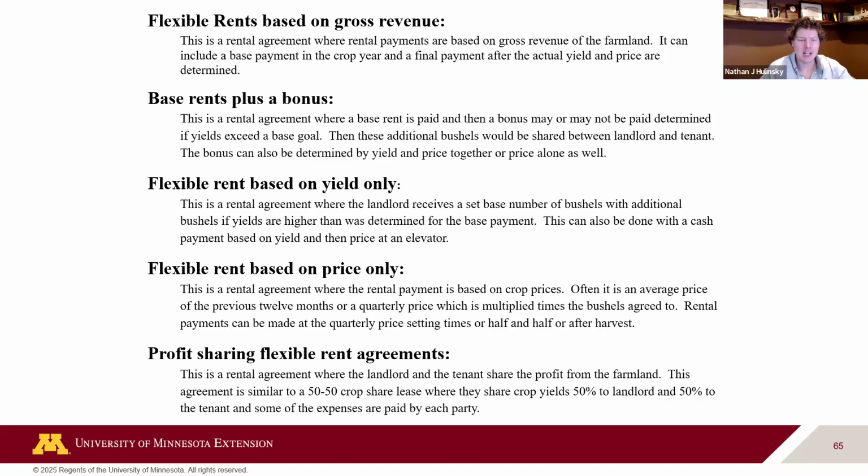The idea behind a flexible lease is that farmers and landowners share some in the profits. In some of the high income years, landowners would get a higher payment. I've had conversations with both farmers and landowners, and a lot of the conversations lately have been that the idea sounds good, but the final math of how to determine the proper additional payment gets confusing.